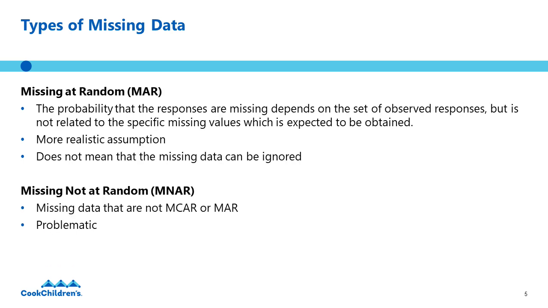So the next two types of missing data get a little more problematic, and then are the most problematic, which is missing at random. Missing at random means the probability the responses are missing depends on the set of observed responses, but it's not related to the specific missing value which we're expecting to obtain.